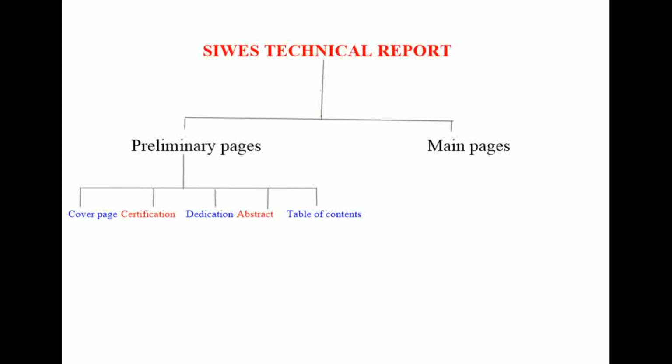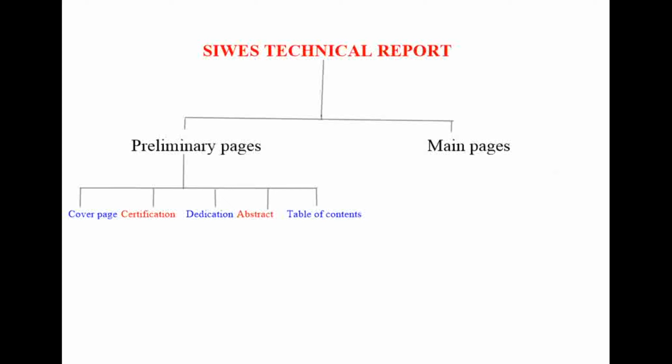In the dedication, you dedicate your work to whomever pleases you. The abstract is the summary of the whole report, and it is not expected to exceed 7 good sentences. It shouldn't even go up to half a page.